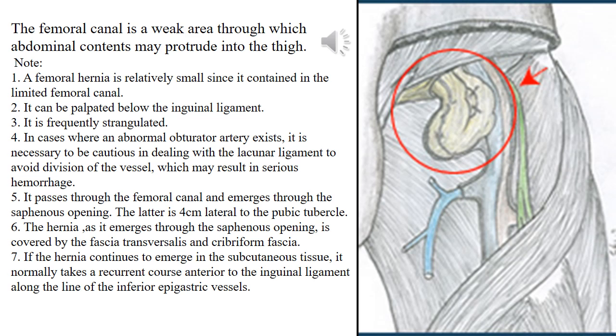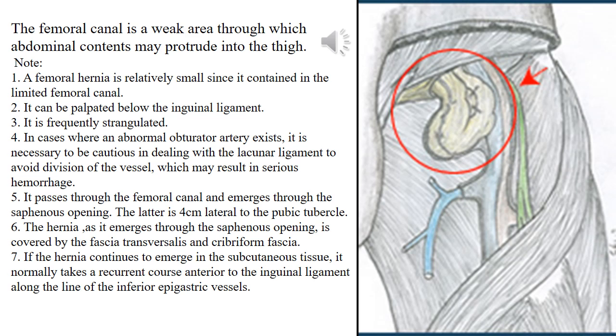The other is the pathological factors, those due to which the intra-abdominal pressure increases, and due to that increased pressure, the potentially weak femoral canal becomes wider to take in the abdominal contents.